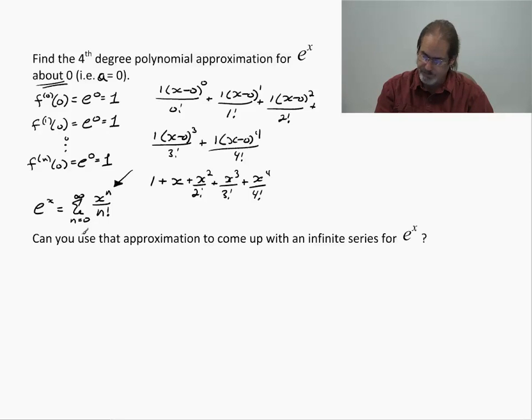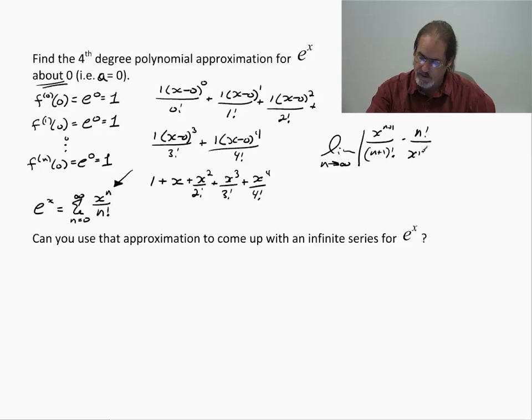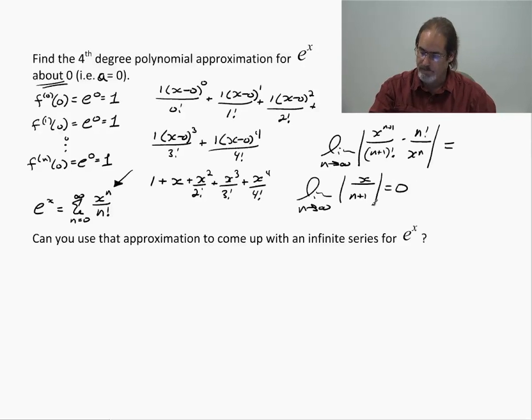So what I want to do is figure out what the radius of convergence is going to be on this. So if I take a look at the limit as n goes to infinity of the absolute value of x to the n plus 1 over n plus 1 factorial times n factorial over x to the n, this is equal to the limit as n goes to infinity of the absolute value of x over n plus 1, which equals 0.